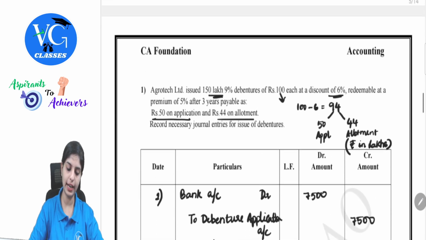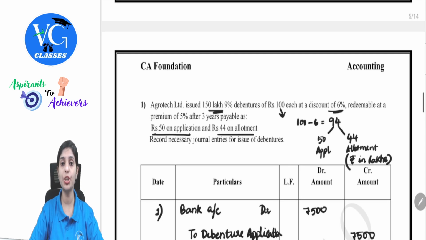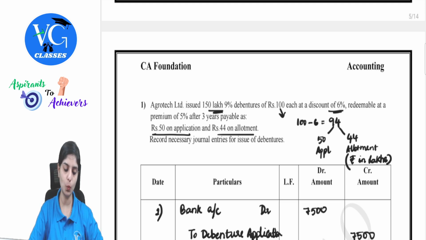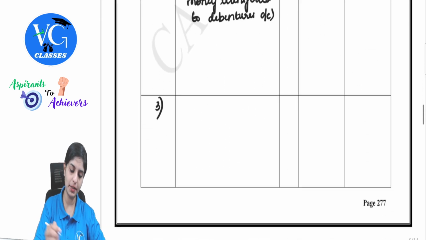This is the important entry on allotment. Remember, on issue there is a discount and on the redemption there is a premium. We will merge the account and show as one. So what would be the entry?